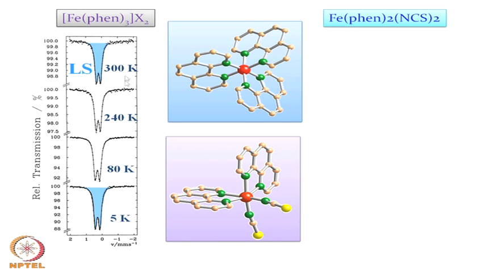That means, with change in temperature, we are not getting any kind of transition from 5 K to 300 K for this compound. So, 3 such phenanthroline ligands are providing a strong crystal field to the iron center, and that center is therefore low spin in nature.